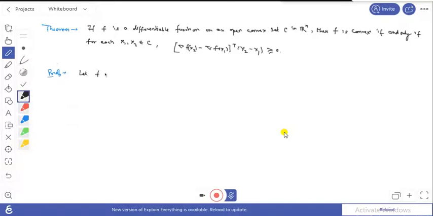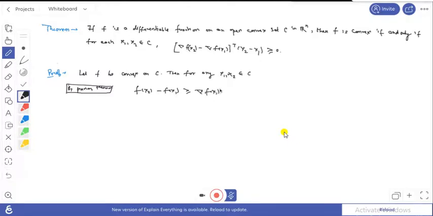So let f be convex on set C. Then for any two points x1 and x2 that belong to C, by the previous theorem you know that f(x2) minus f(x1) is greater than or equal to gradient of f(x1) transpose times (x2 minus x1).